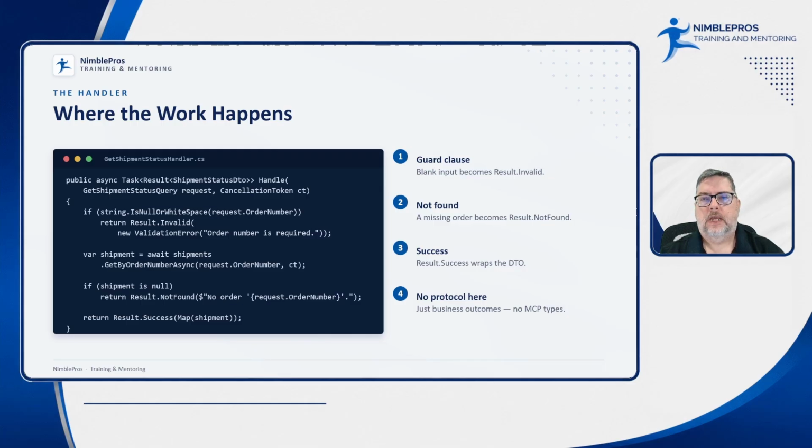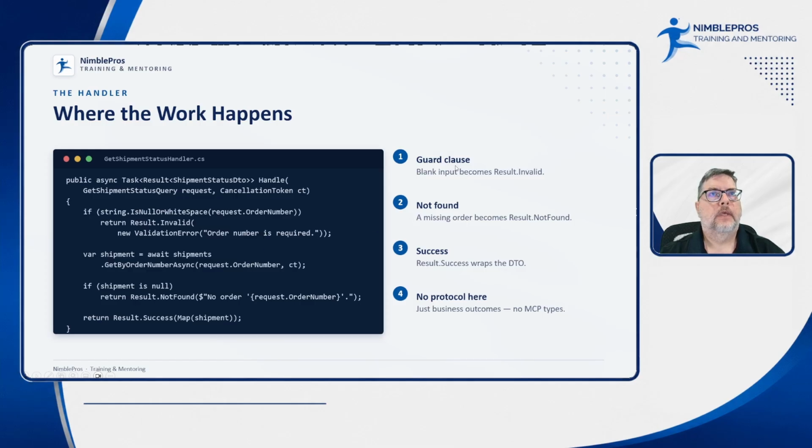So as we get into the handler, in these layers further down, the application, domain and infrastructure layers, the handler here is where a lot of the heavy lifting happens. And we'll look at the full code here in a minute as we get into the demo stuff. But in this particular case, we've got a request coming in, but we want to structure the result in the standard format so that we can return useful information here.